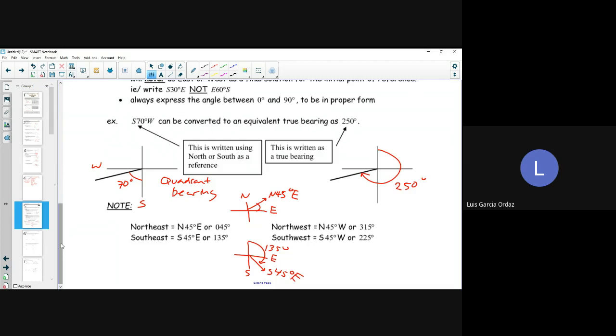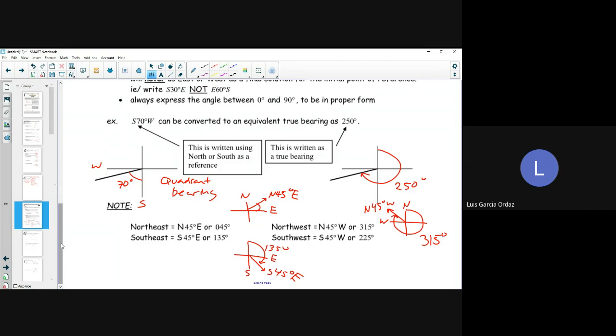Next, we can find northwest. Remember, our bearings are always clockwise. This is north, this is west, this would be 45 degrees, which means this is north 45 degrees west. Or again, if we start from north and go clockwise from 000, this becomes 315 degrees.